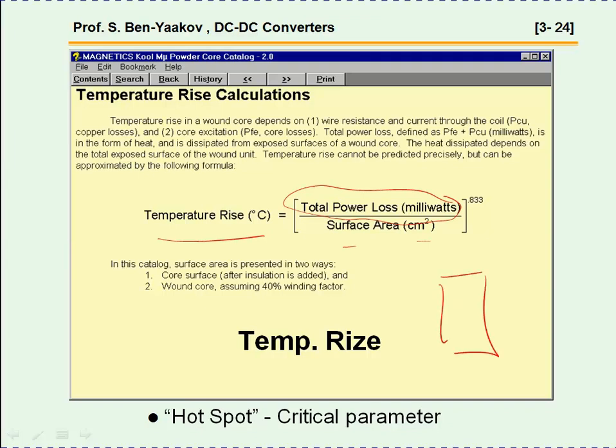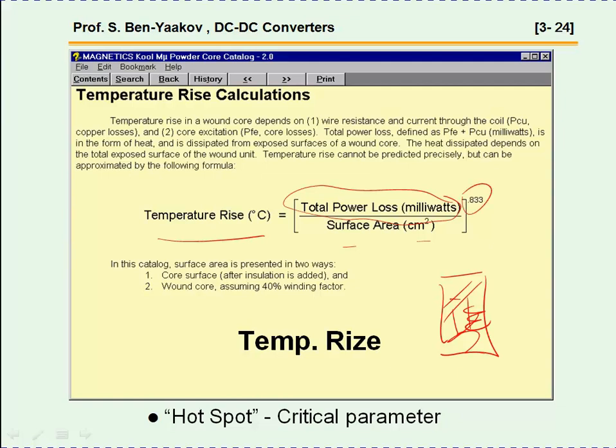Because the surface area of the core, here is the core, which is a wound surface, total surface area, is the way that this core dissipates the energy, or the thermal energy, or the heat to the air. And this ratio has to be raised to the power of 0.833.